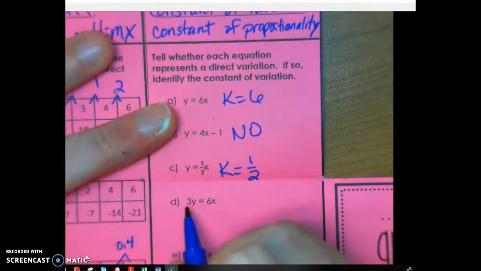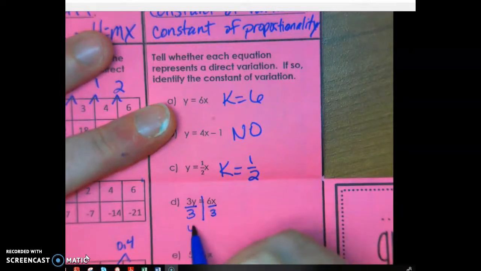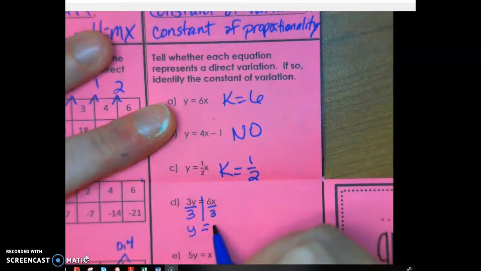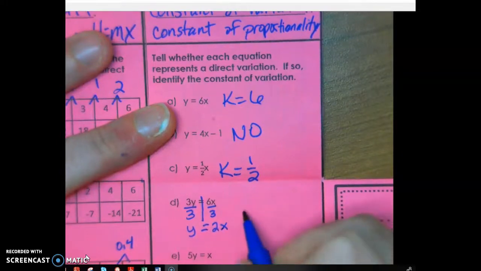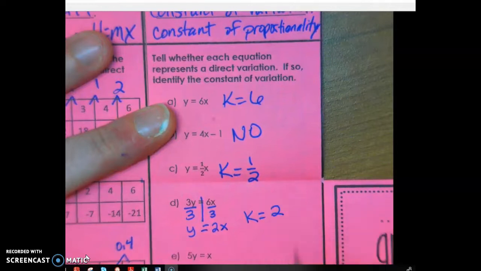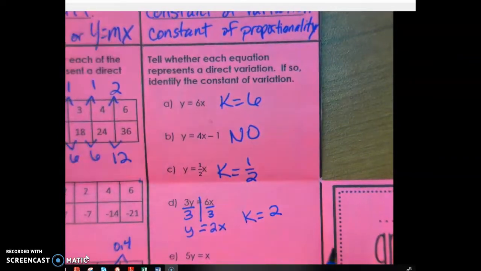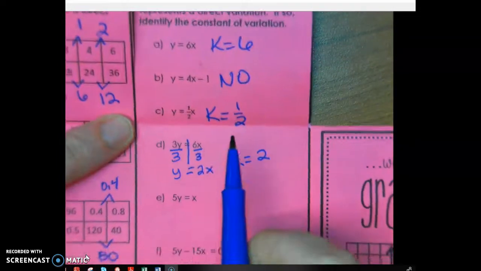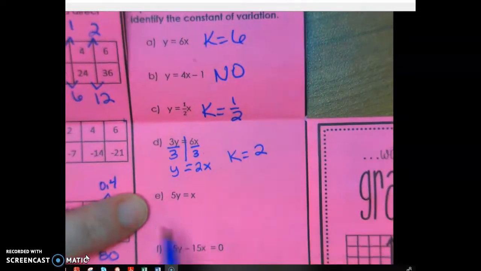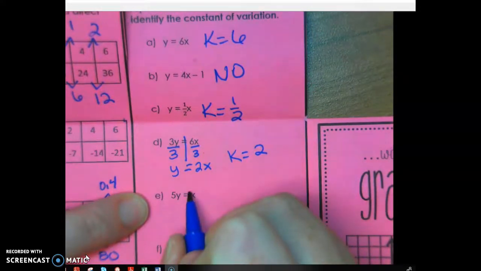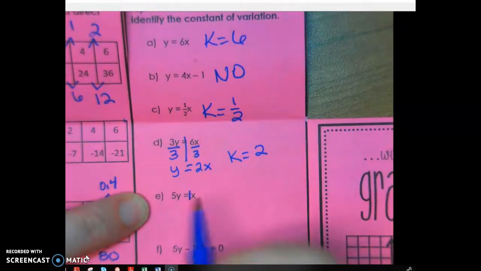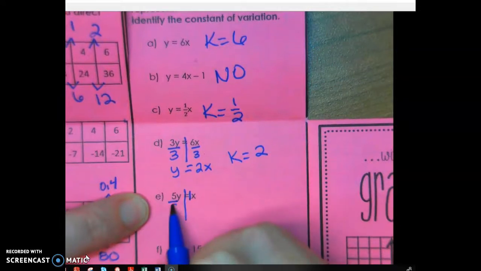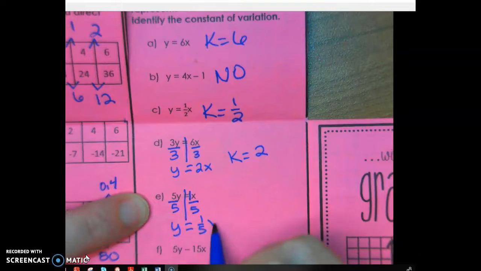That doesn't matter, because we can solve for y. y equals 6 over 3, 2x. So that means k equals 2. See how we did that? Don't tell me k equals 6, because that's silly. Same thing here. Remember, there's a sneaky ninja 1 right there. If I divide by 5, I get y equals 1/5 x.